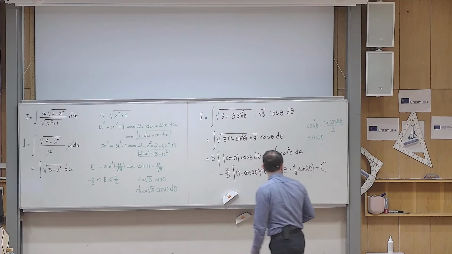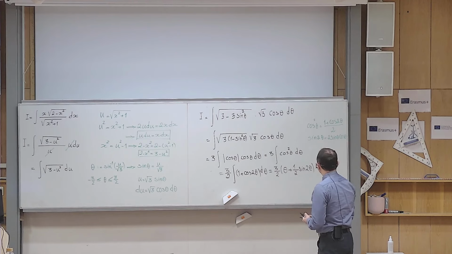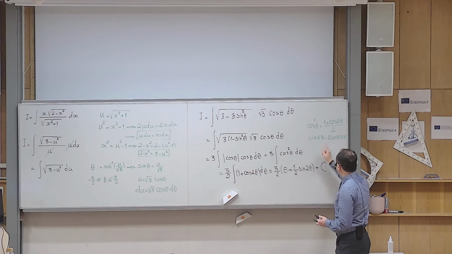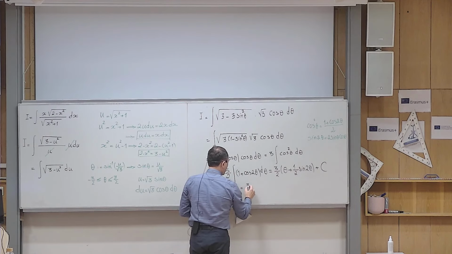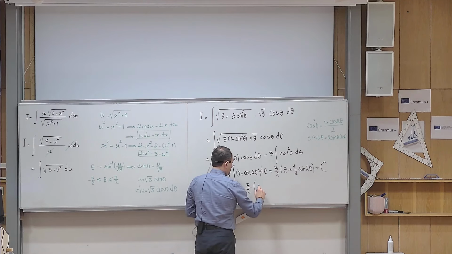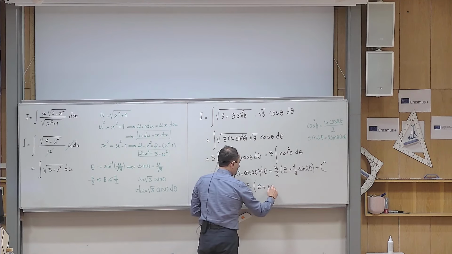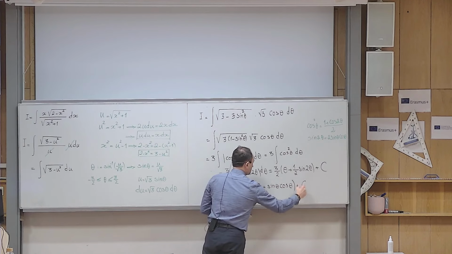So that's a good thing to use this formula. And then what happens? This 1/2 that you see here will cancel that 2. So if I continue, it becomes 3/2, and then I will have theta plus sine theta cosine theta plus a constant c.